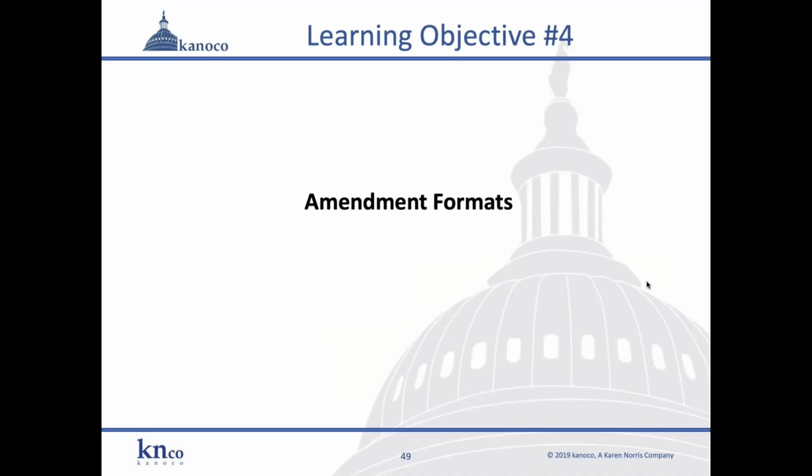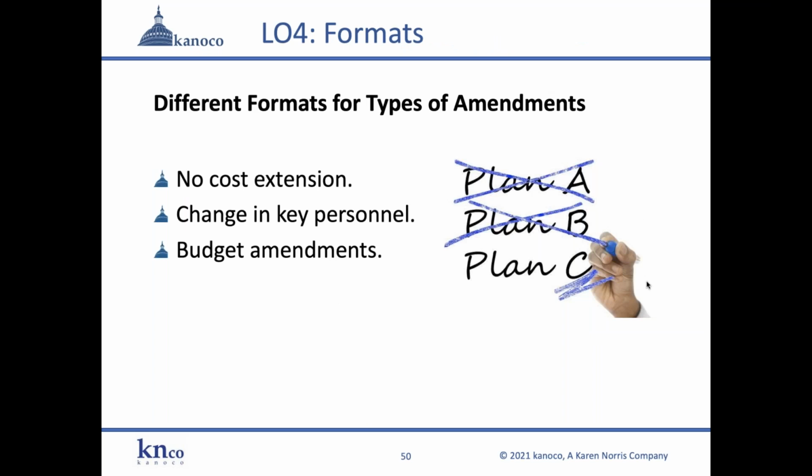Let's talk about amendment formats. I'm not going to give you every single format, and none of these formats are carved in stone. These are formats that I have used in the past in the field with different clients. If you can use them, great. If you don't need them, that's okay too, but maybe they'll give you some ideas.